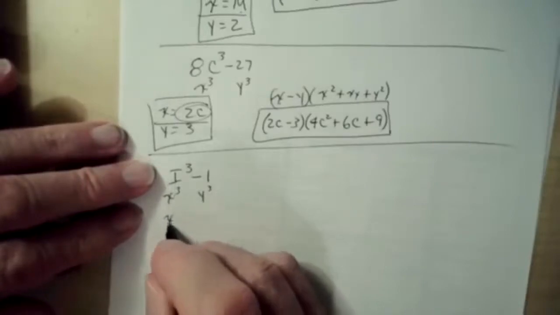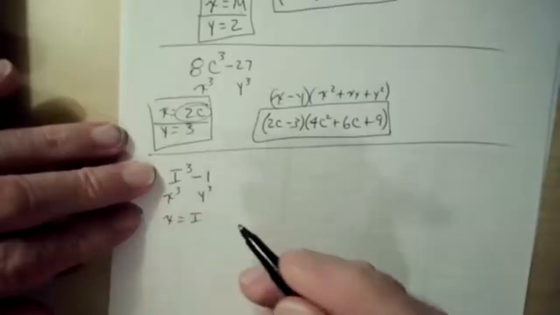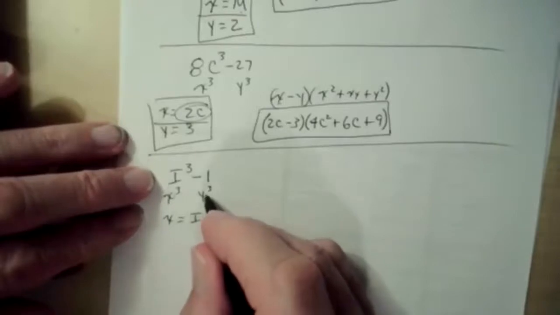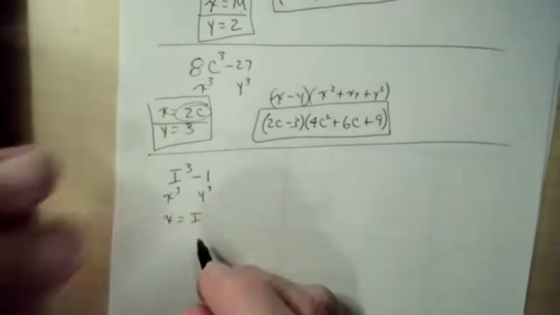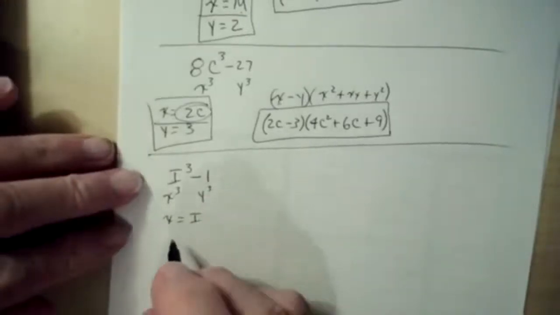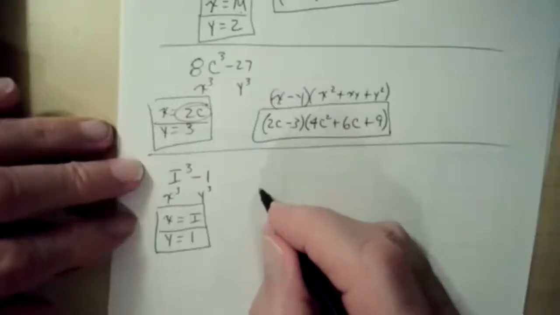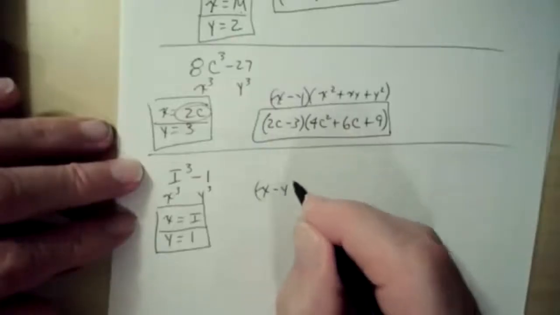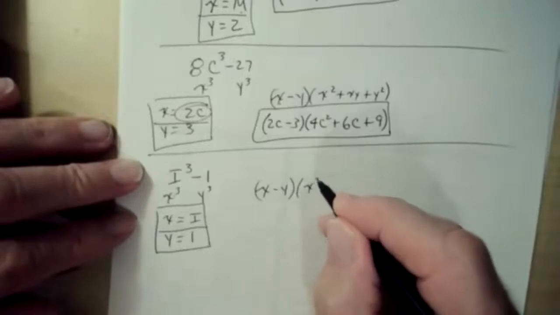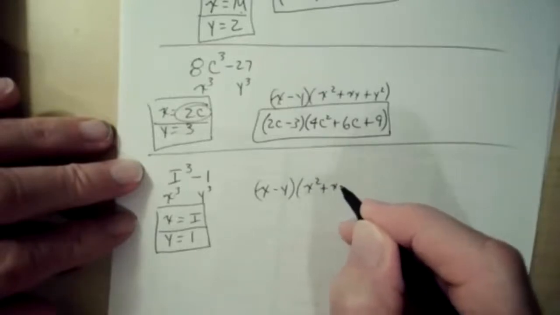Excellent. So this is our x cubed, this is our y cubed. If x cubed is i cubed, then what does x equal? I. Good. And if y cubed is 1, then what is y? 1. Very good.